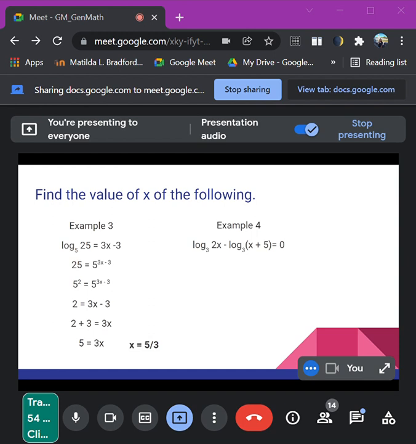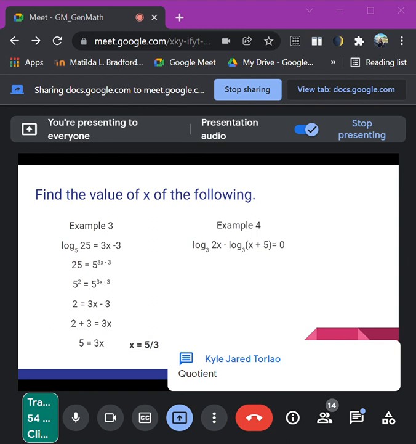So, what's the first thing that we need to do here, class? So, naa na moy idea tungkol sa previous nga example. Okay, that is quotient rule.